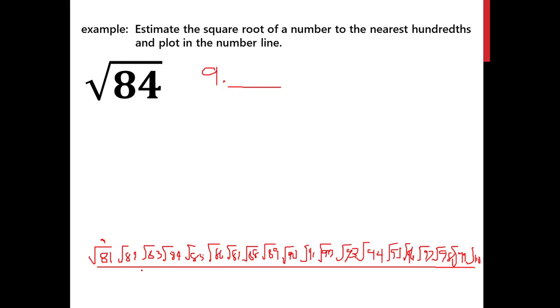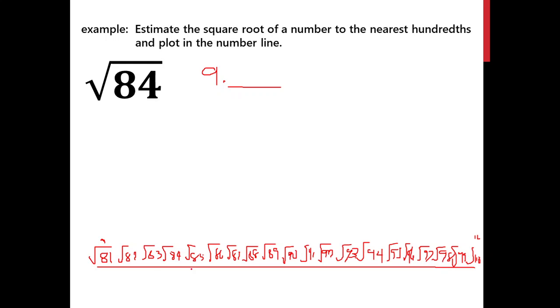So the next step is we need to count the numbers from our first perfect square to the next perfect square, which is 10. This is 10. Let's go ahead and count this one. 1, 2, 3, up to 19.